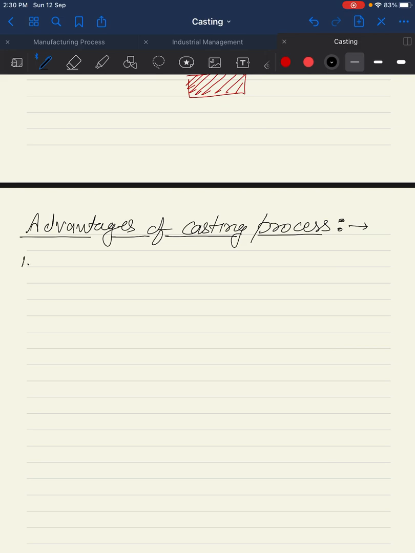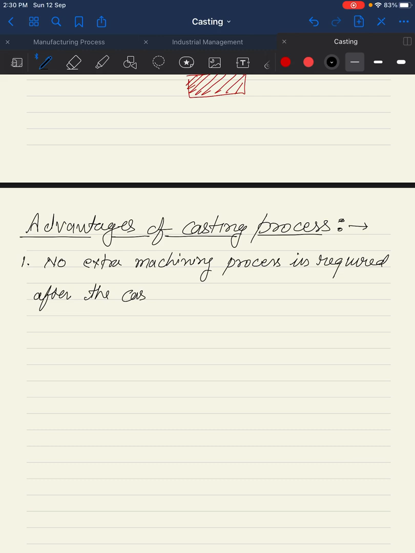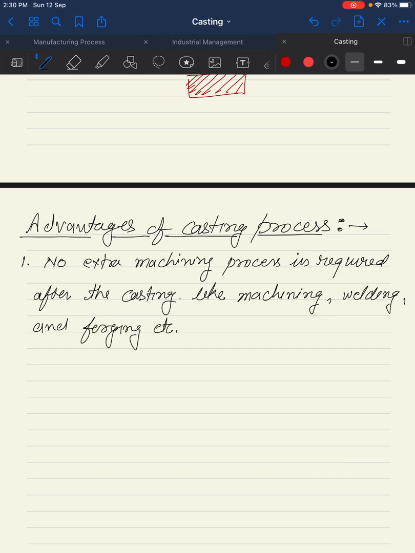First and foremost, no extra machining process is required after the casting, like machining on the lathe machine, welding, joining process, and forging, etc. It means that whenever you produce a product by the process of casting, you don't need any further operation on that product.